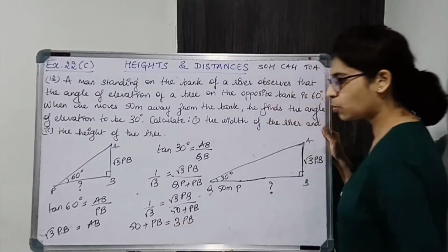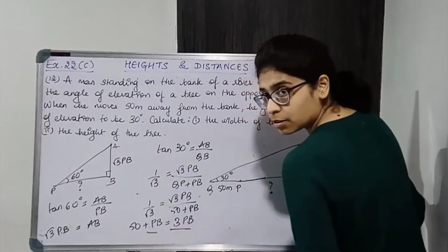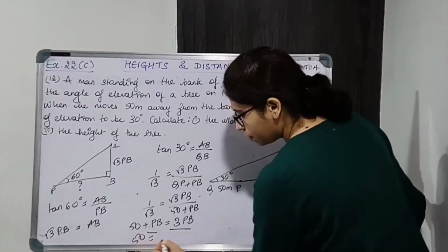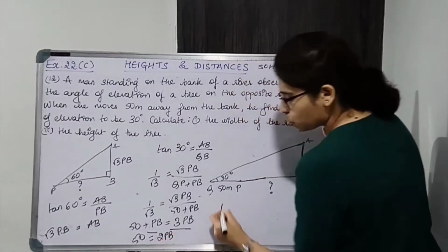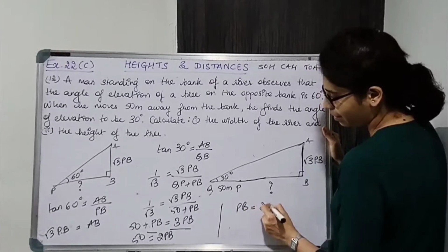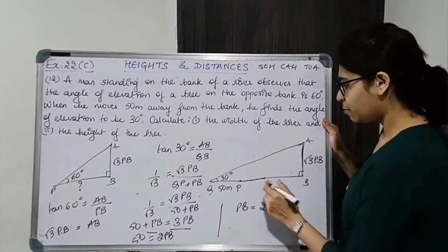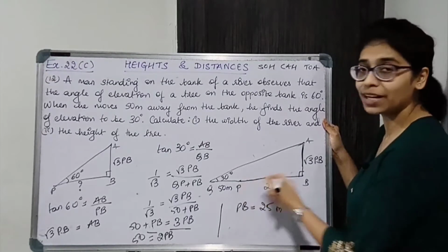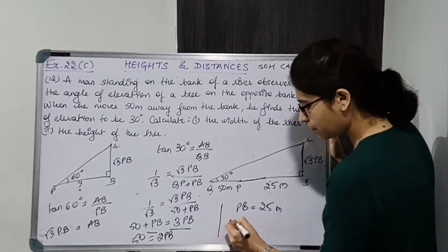Okay, now bring the like terms together. So 50 is equal to 3 PB minus PB, that gives 2 PB. So PB is equal to 50/2, that is 25 meters. So we get PB as 25 meters. Once you get PB, AB is √3 PB, so AB is easily found.